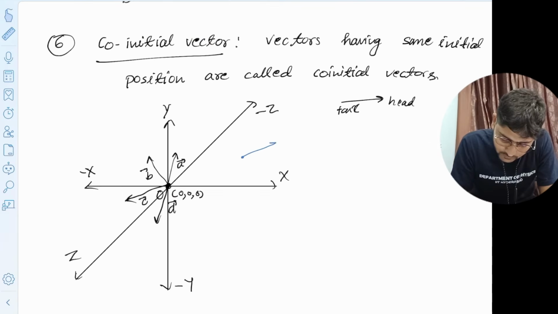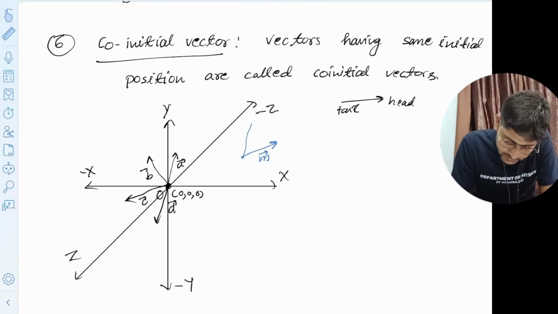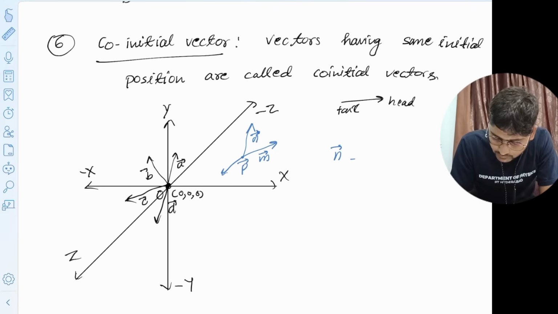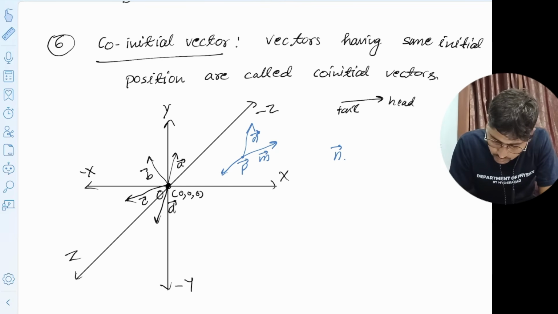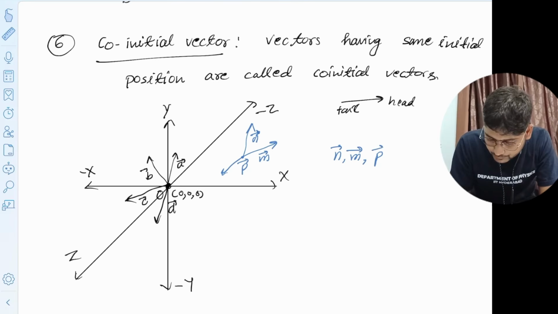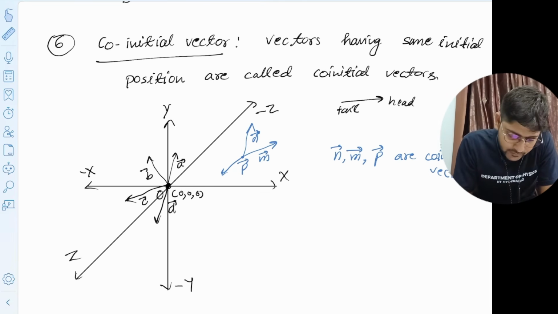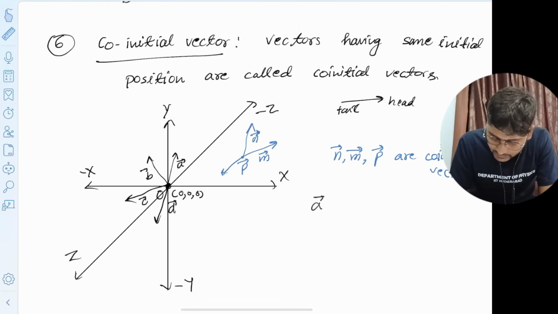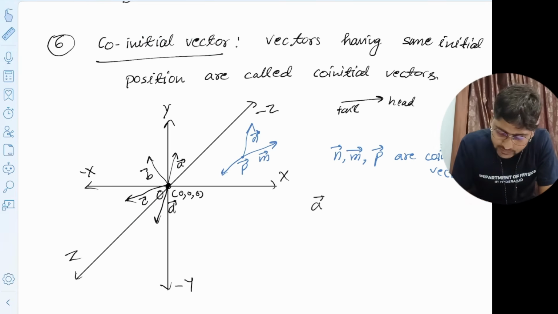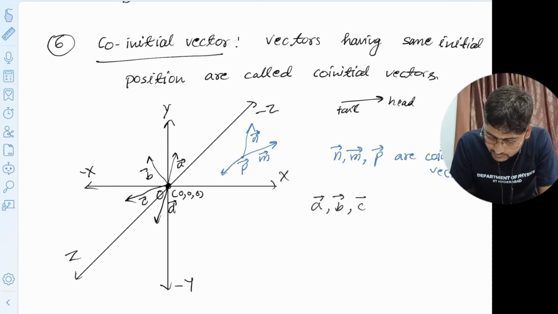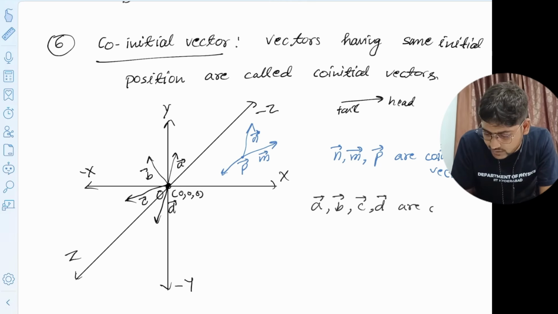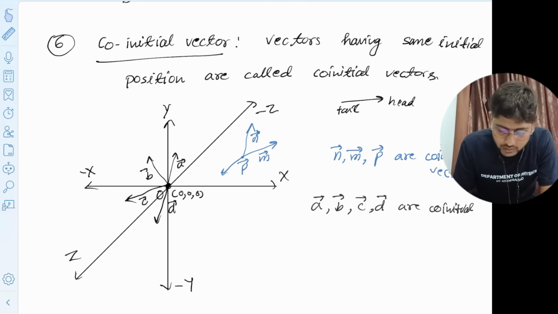Suppose from here, this is vector M, this is vector N, this is vector P. So vector M, vector N, vector P are co-initial vectors. In the same way, vector A, vector B, vector C, vector D are co-initial vectors.